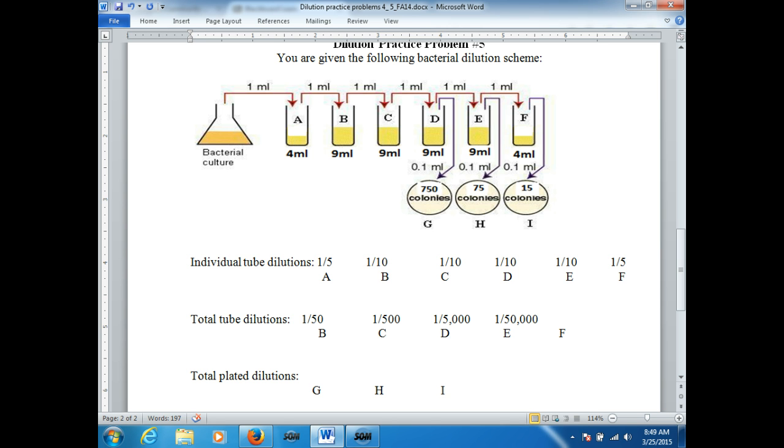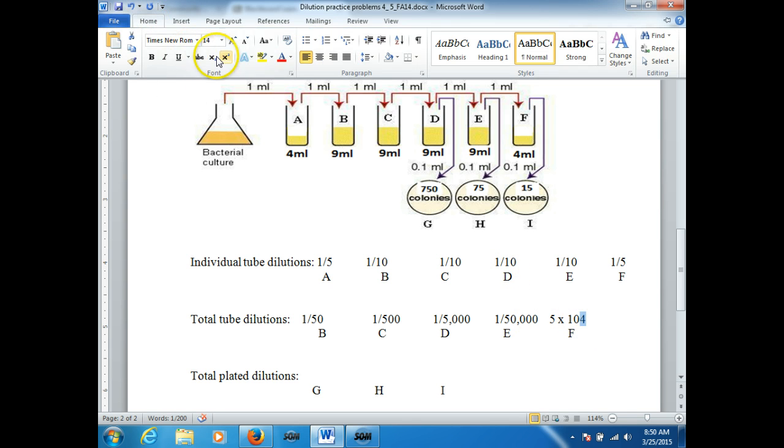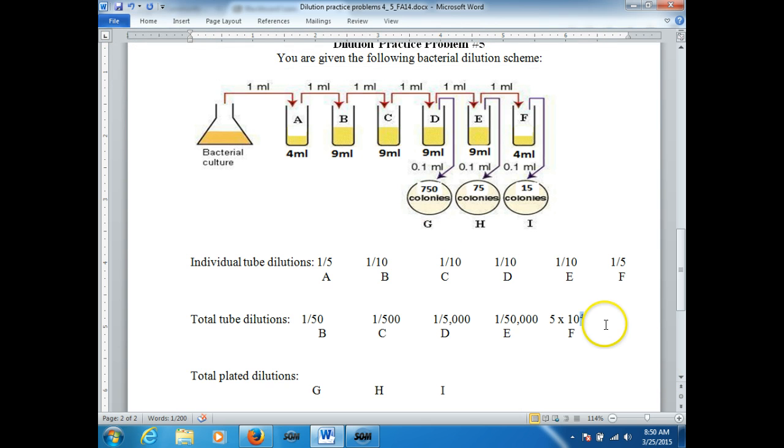I'm going to put a little bit of space. Usually when I get past 3 zeros, I like to write in scientific notation. So in this case, we could do 5 times 10 to the, what? How many zeros are there? 4. So this is just another way of writing this one.